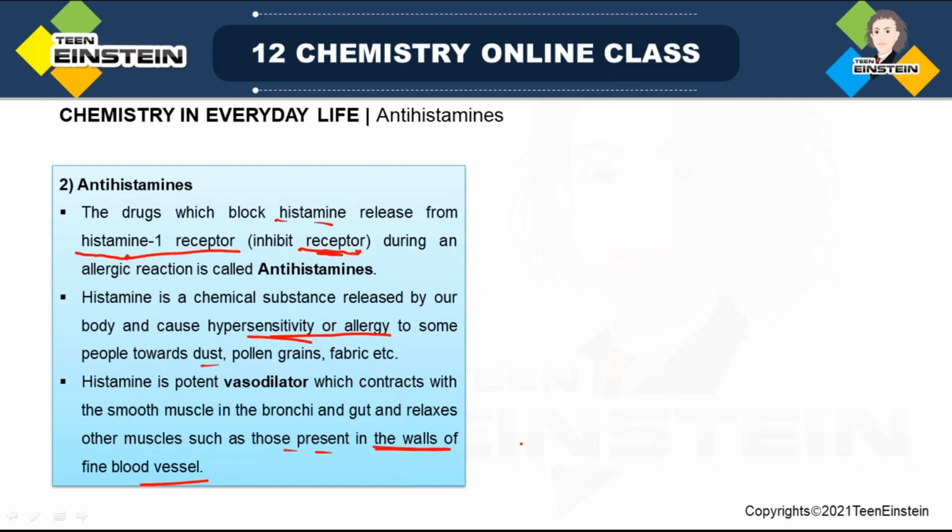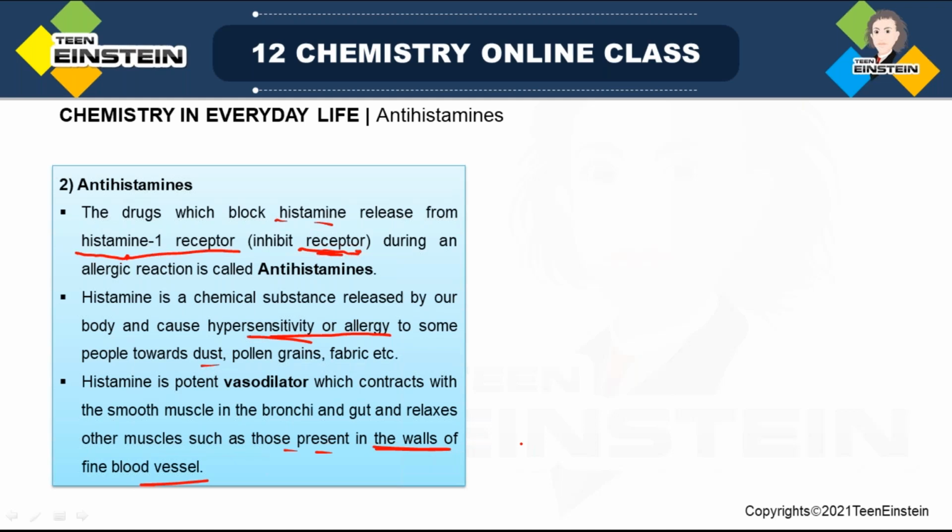So these are the roles of histamine, though we have also seen the role of histamine when we discussed antacid. But that role is different. It may have different roles depending on what type of receptor it is interacting with. Right now we are not talking about the same thing we saw in the case of antacid.